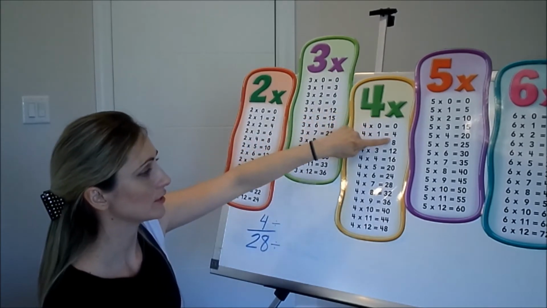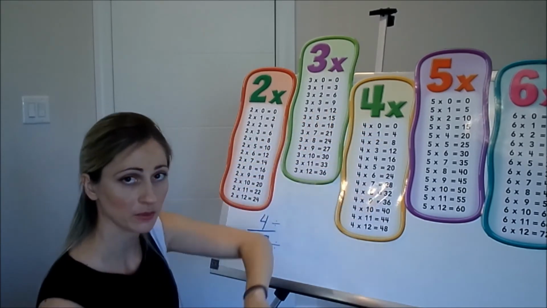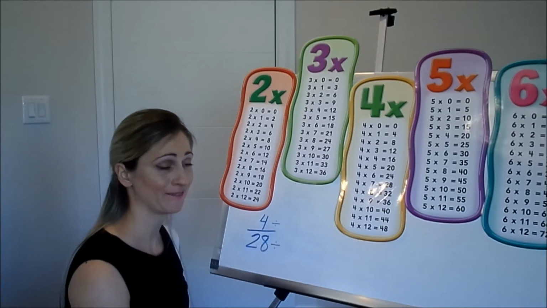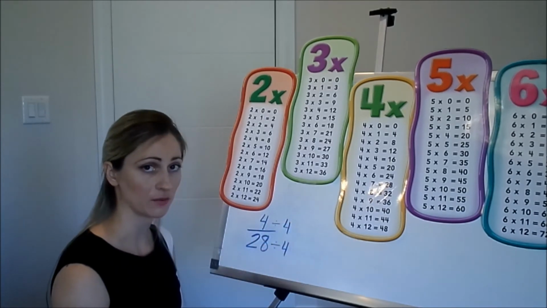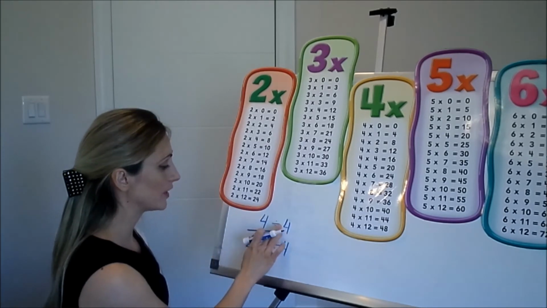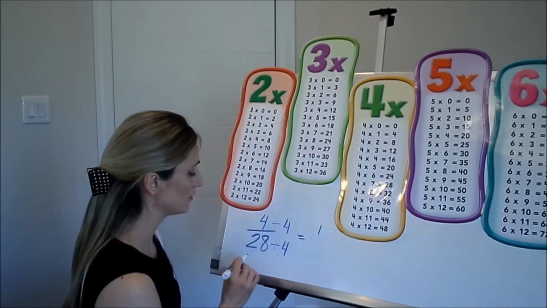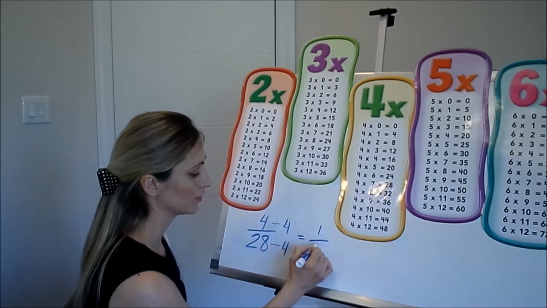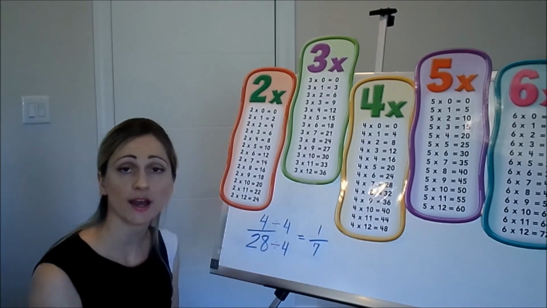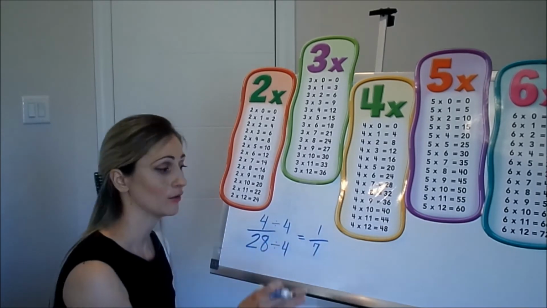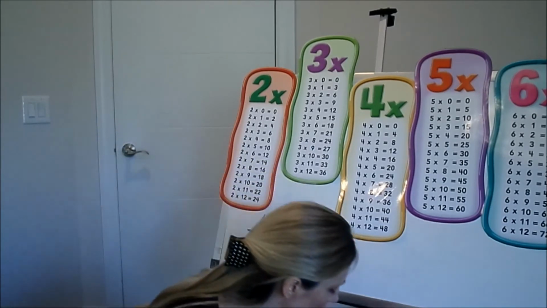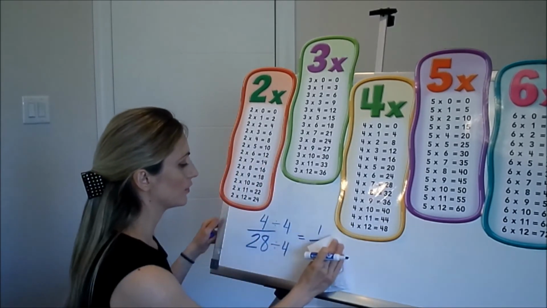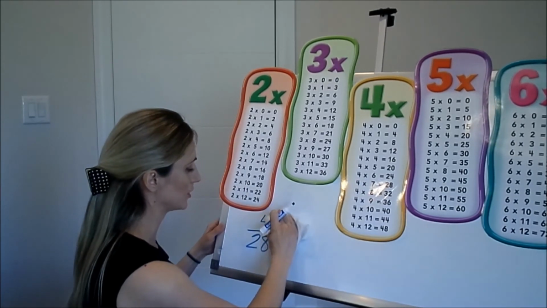No. Will you see them on the 4 multiplication train? Yeah. You should have divided it by 4 right away. 4 divided by 4 is 1, and 28 divided by 4 is 7. And that's how we got our 1/7 without the extra work. So pay attention to make sure that you always use the biggest multiplication train.